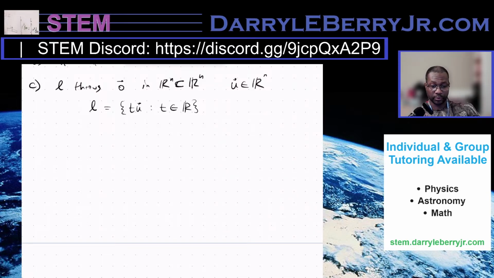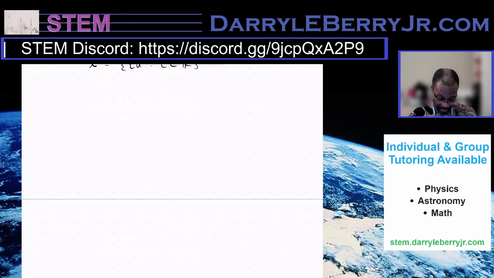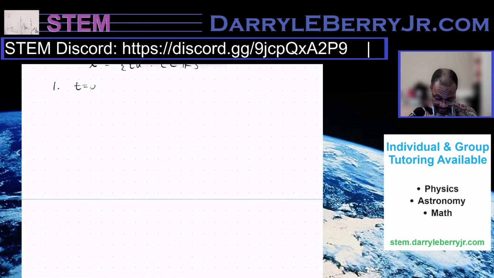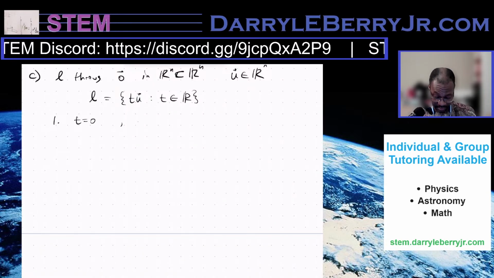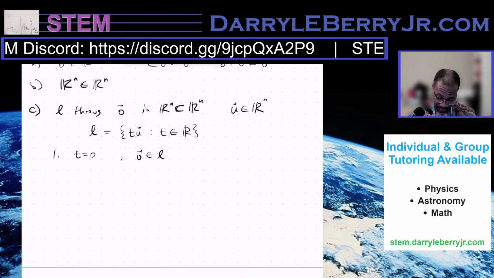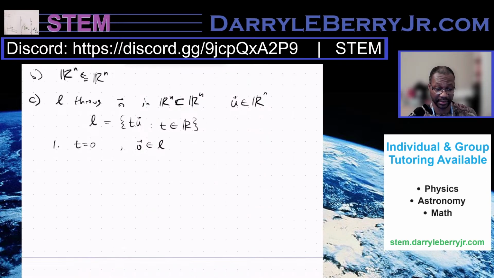All right, so we have to prove that L is a subspace by checking the three criteria. One, if T equals 0, then the zero vector is a part of the line, because whatever that vector is, multiplied by 0, it'll end up being the zero vector.